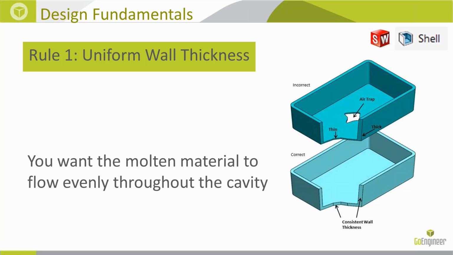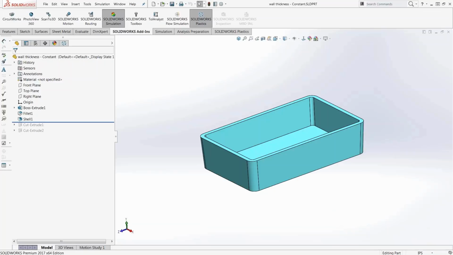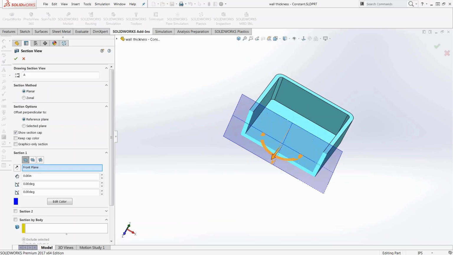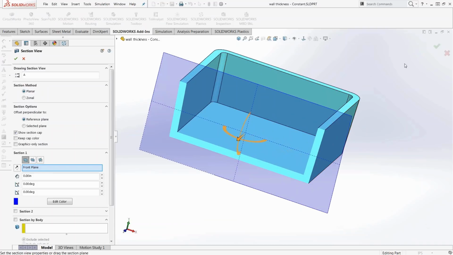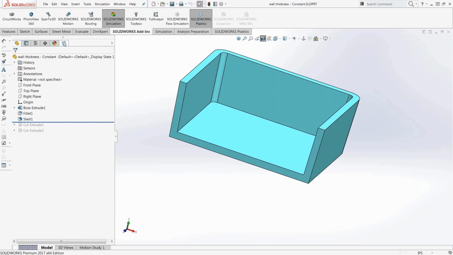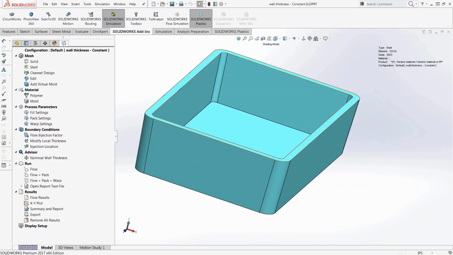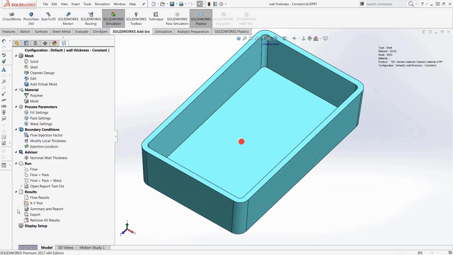Absolutely. So let's go ahead and switch to SOLIDWORKS, where we have a model of a very simple plastics part design. If you look through the cross section, you will see the constant thickness that you have. In this case, we have done a very simple injection molding analysis where we specify the gate location.